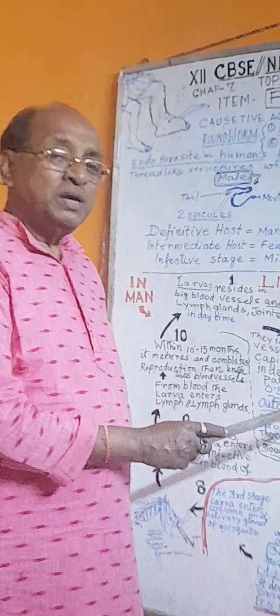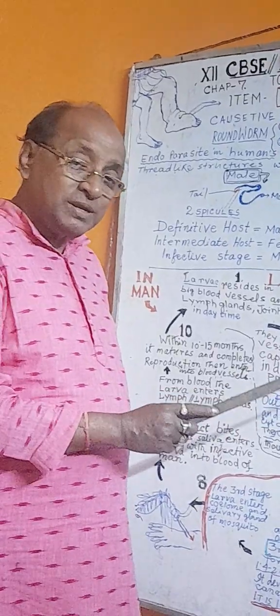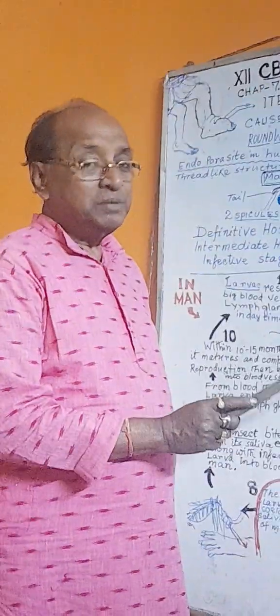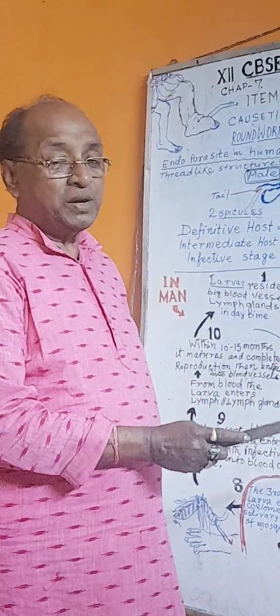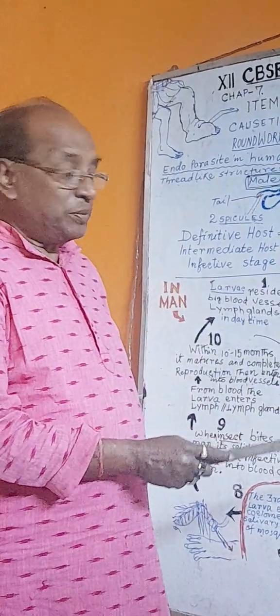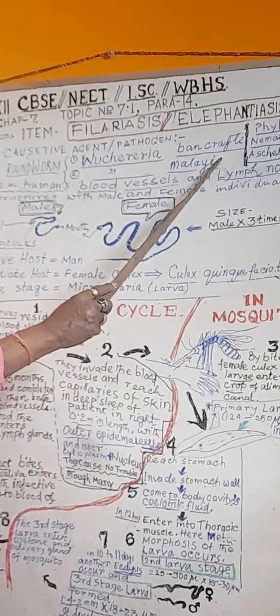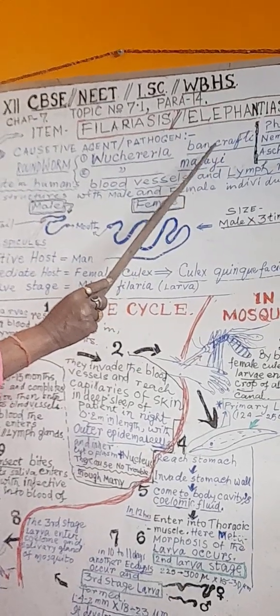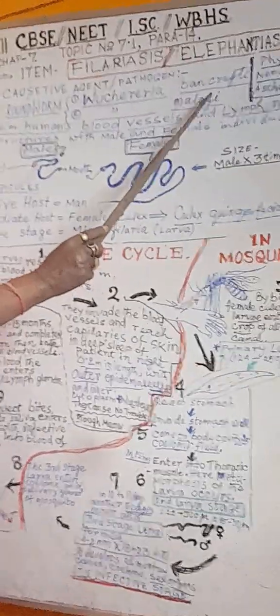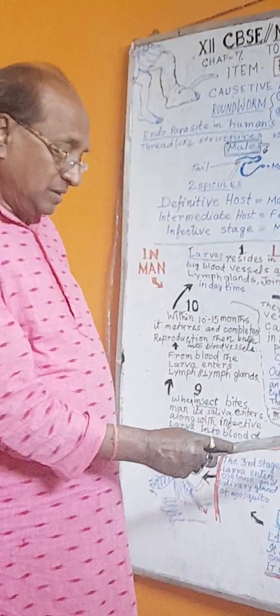But in the case of female Anopheles, they carry the germ for malaria, Plasmodium vivax. But here Wuchereria bancrofti is the pathogen causing the disease. But you see here, then I think you are satisfied. Yes, sir. All the viewers are also satisfied.